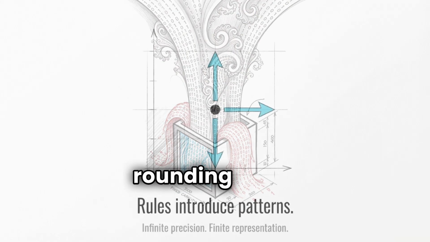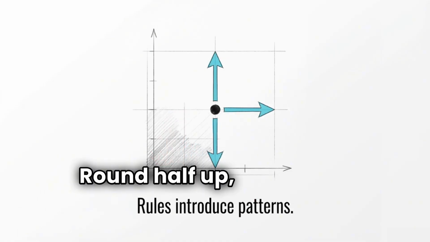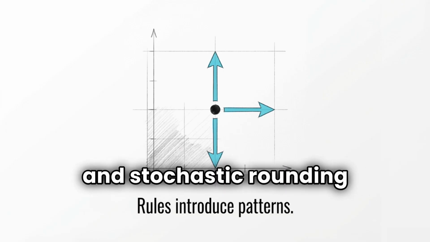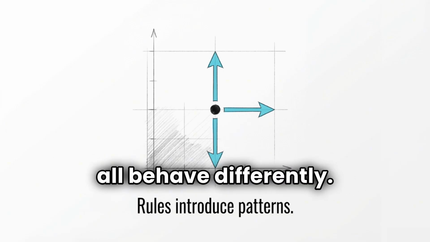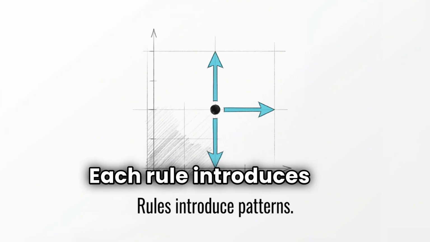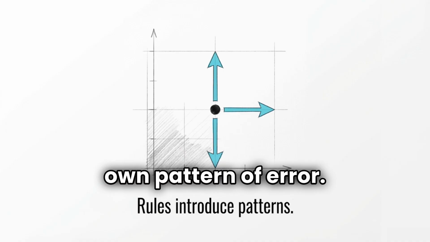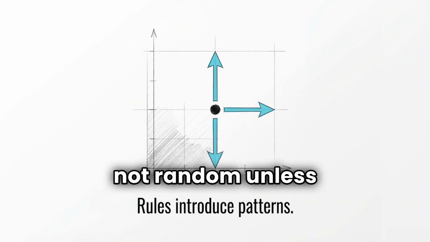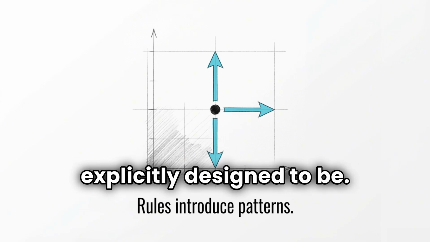There are many rounding rules: round half up, round half down, round half to even, floor, ceiling, and stochastic rounding all behave differently. Each rule introduces its own pattern of error.